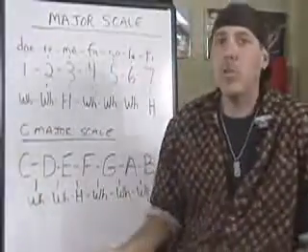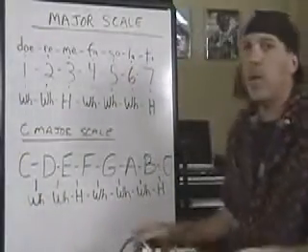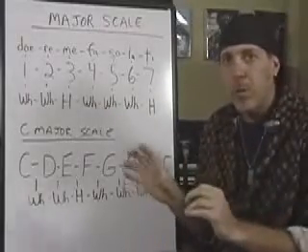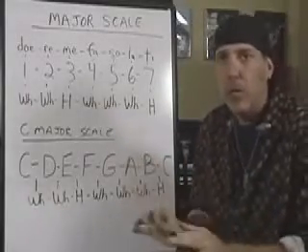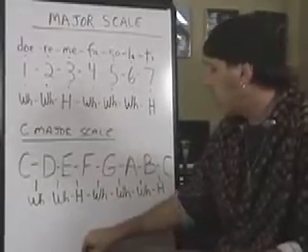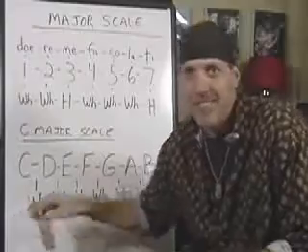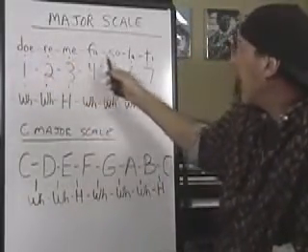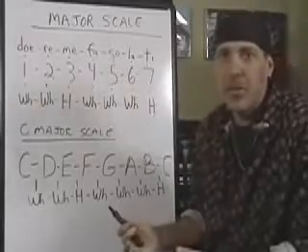Okay, so what I want to do now is diagram some things out for you so you can really grasp this and see it on paper and then relate it to the guitar. When we're talking about the major scale, the elemental constant in music theory, we all know do, re, mi, fa, sol, la, ti, do. That's the major scale, okay?